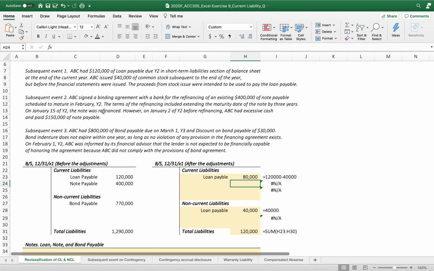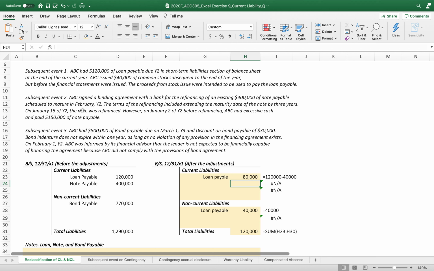Then the note payable. The note payable is in current liability, but when subsequent event number 2 occurs, it can be different. ABC signed a binding agreement with a bank for the refinancing of an existing $400,000 note payable scheduled to mature in February year 2. The terms of the refinancing include extending the maturity date of the note by 3 years.